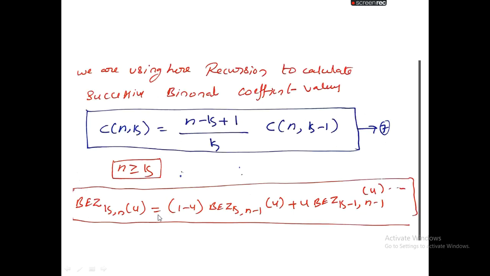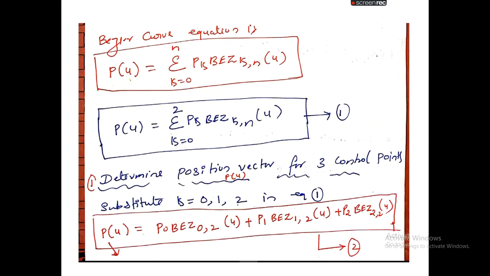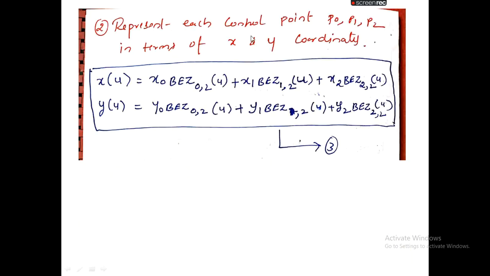By using these equations, I want to represent each control point P0, P1, P2 in terms of x and y coordinates. So wherever P naught, P1, P2 is there, I will write x naught, x1, x2.